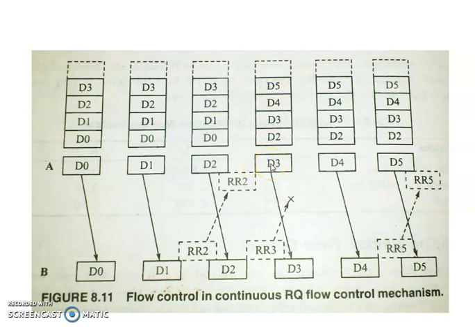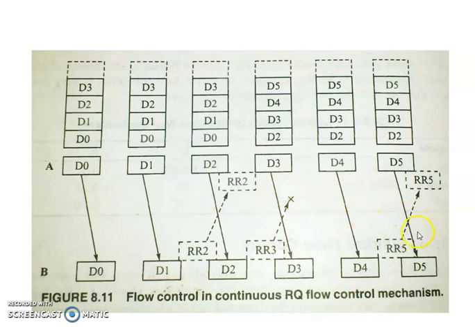Now the sender sends D3, and D3 is received over here. Now if you see over here, after it received D2, it sends an acknowledgement called RR3, meaning it wants D3, but something happened and this RR3 did not reach the sender, but it is okay if it does not reach.